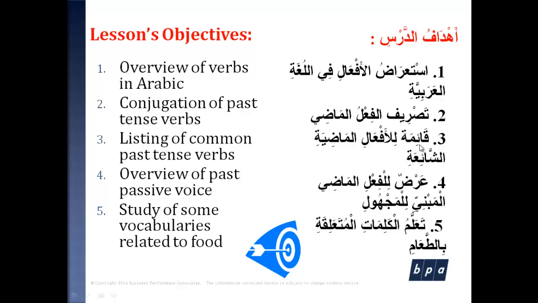We're gonna present a listing for the common past verbs. Just a reminder, adjective comes after the noun in Arabic.